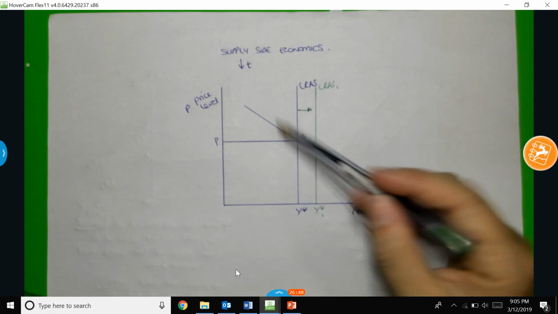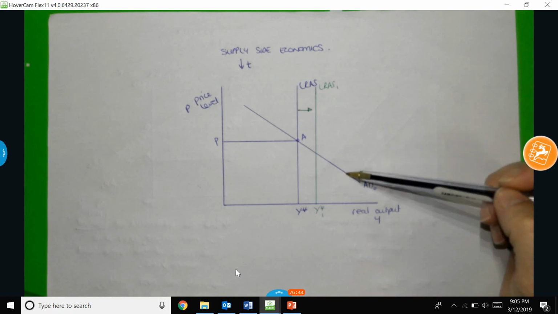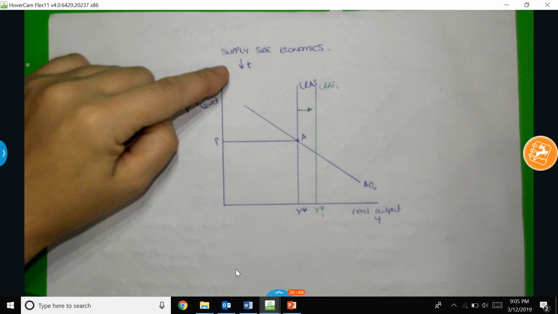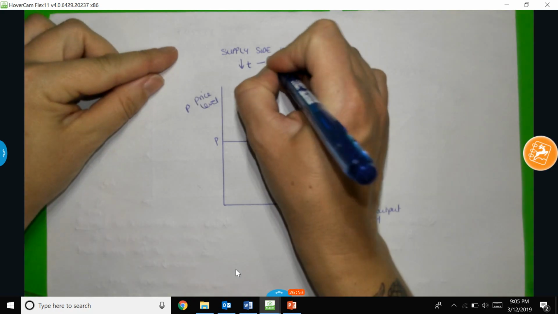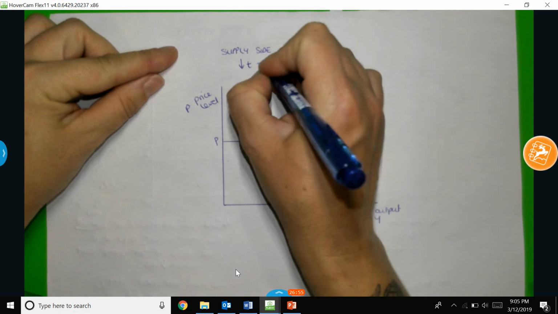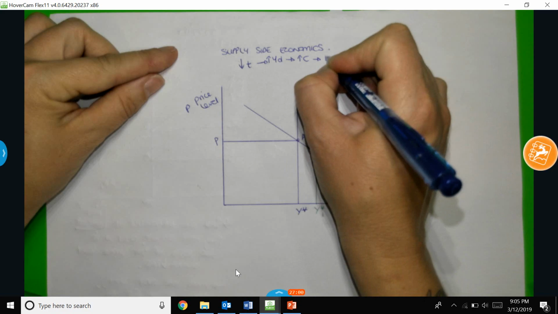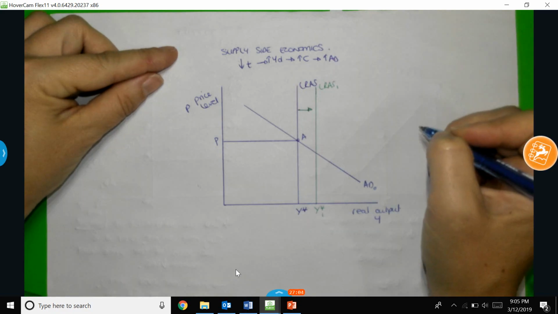However, we cannot ignore that a decrease in taxes will also have an effect on the demand side of the economy. When taxes are cut, if you recall, this could increase disposable income, increase consumption expenditure, and that gets multiplied through the economy to cause an increase in the demand for goods and services.